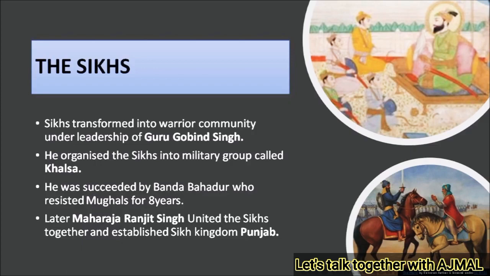The Treaty of Amritsar confirmed the conquest and sovereignty of Maharaja Ranjit Singh's territory. After his death, the Britishers interfered in the territory of Punjab and gained control over the region.